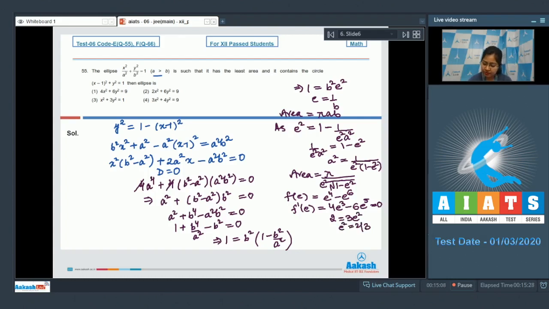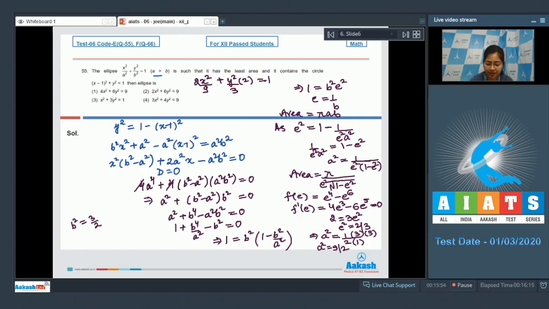Now we need the values of a² and b². So we can say a² will be equal to 1/e², that is 1/((2/3)(1 − 2/3)), that is 1/((2/3)(1/3)). So a² is 9/2, and also the value of b² is equal to 1/e², that is 3/2. So the required equation of the ellipse is x²/(9/2) + y²/(3/2) = 1.